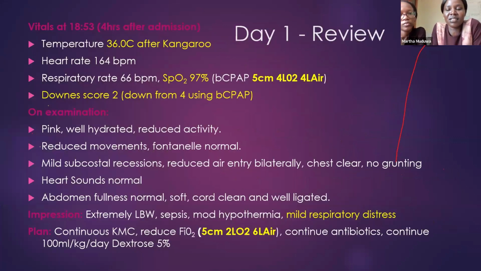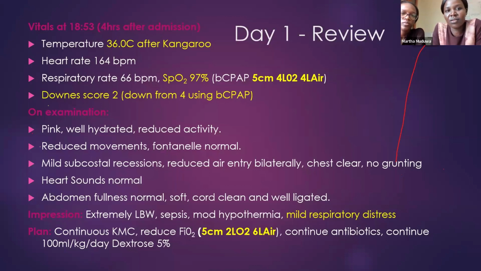And then on day one, our baby was reviewed at 18:53 hours. Temperature was taken, heart rate, respiratory rate, and the baby had moderate hypothermia. Our SpO2 had picked up to 97 on bubble CPAP with those settings of 5 centimeters pressure, 4 liters oxygen, and 4 liters of air.